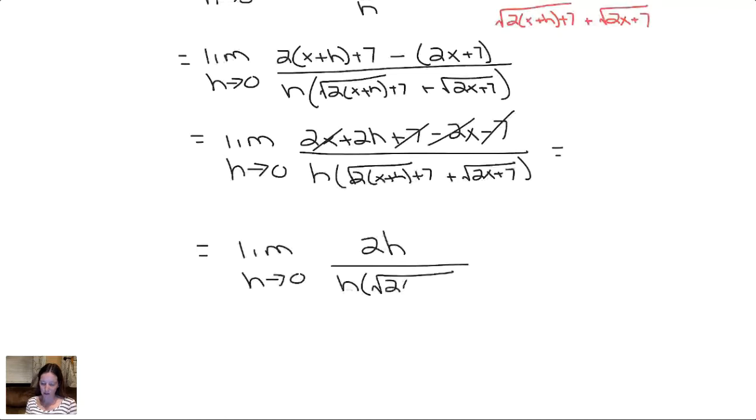And then that big old mess in the bottom. And the magic that we wanted to happen does happen, right? We have that h in the top and that h in the bottom that cancel out. That gets rid of our 0 over 0 problem that we had.